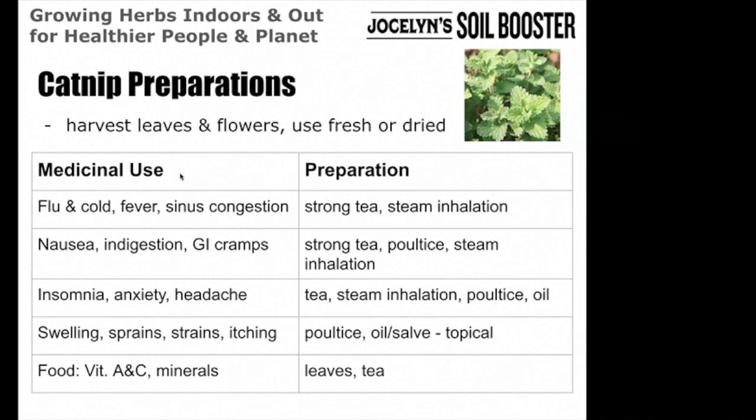And then again, if you have any swelling, sprains, strains, or itching, it's actually anti-itch and it's anti-inflammatory as well. So you can, again, put it topically on with a poultice or with an infused oil or salve. And no matter how you're taking it in, it's also going to give you a boost of vitamins A and C and minerals.